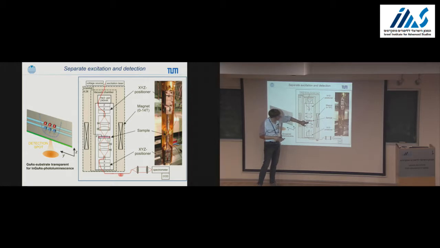You have to take care a little bit of the lenses because you have different optical environments when you come from the back. And I can tell you, the chromatic aberration is huge. You have to take care about what kind of lens you're using. And at that time, we could also apply a magnetic field. It's in a helium-3 insert that has a bath temperature of about 240 millikelvin.